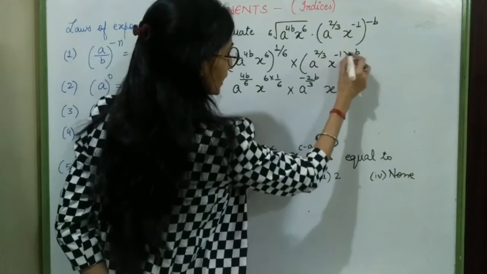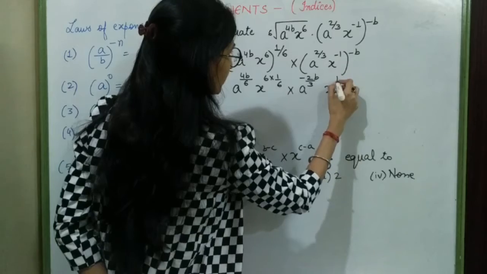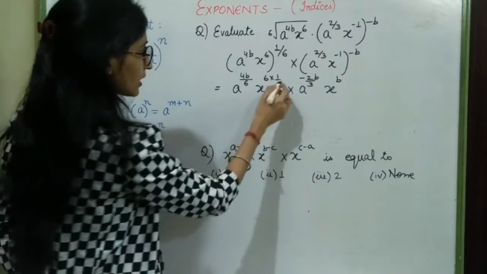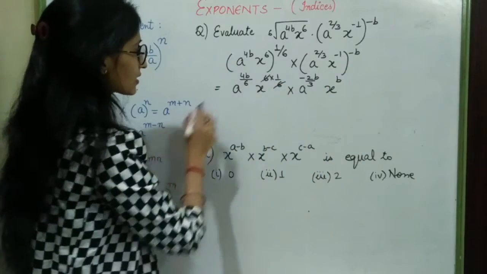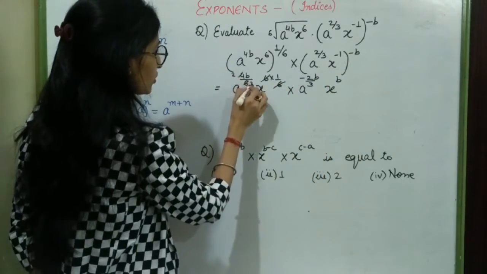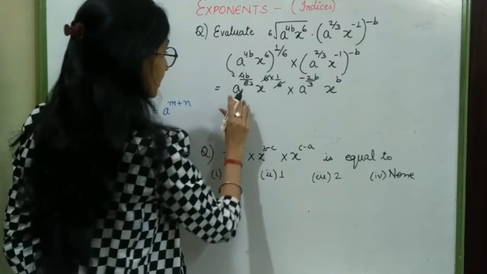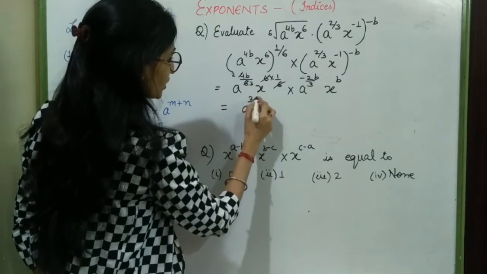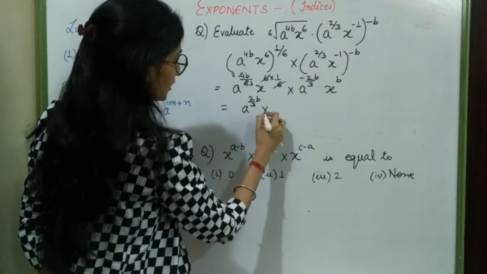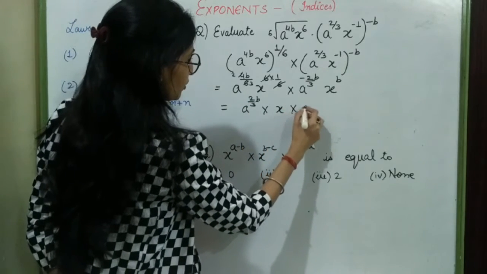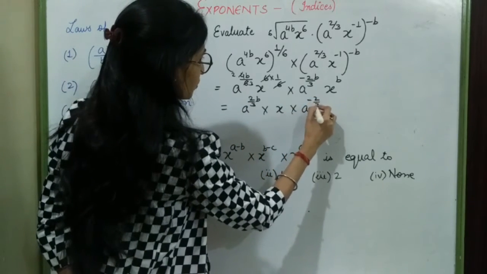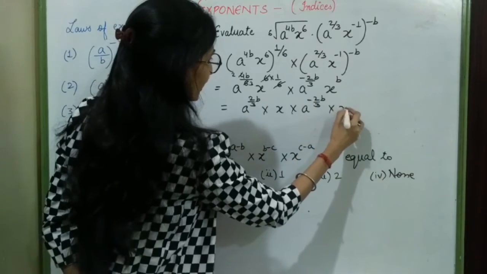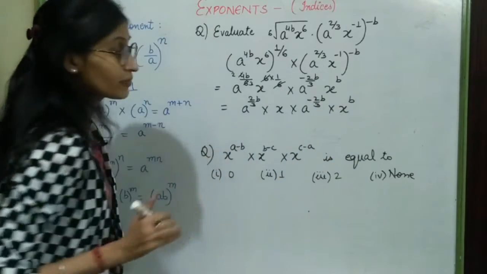x raised to power plus 1 into b. 6 and 6 cancel. 2 2s are 4, 2 3s are 6. Now it will become a raised to power 2 by 3b into x into a raised to power minus 2 by 3b into x raised to power b.